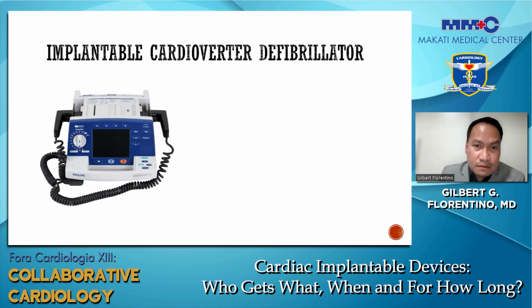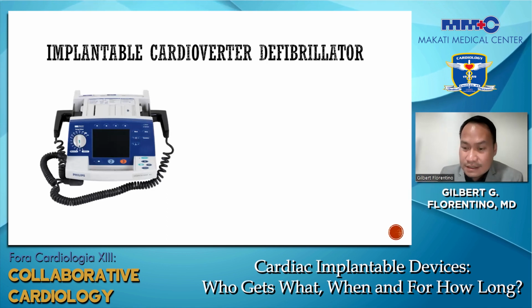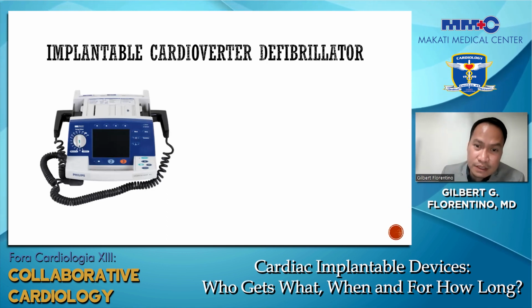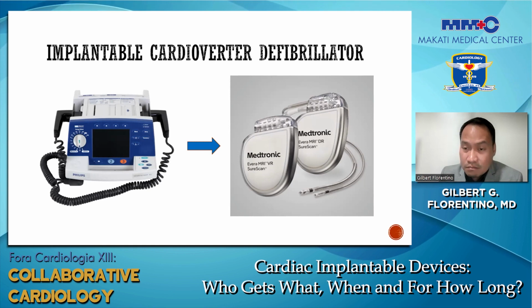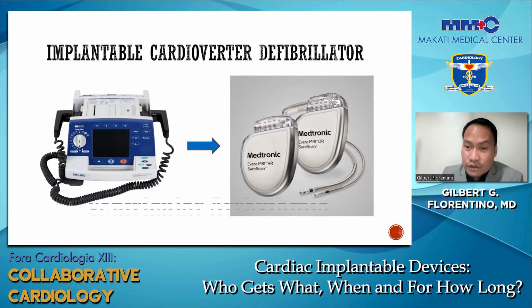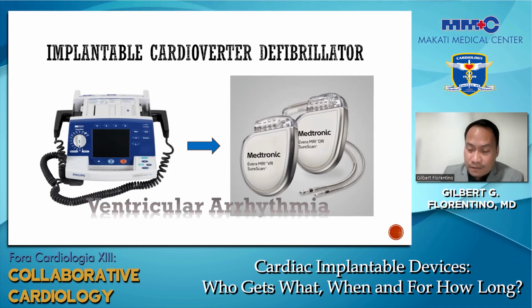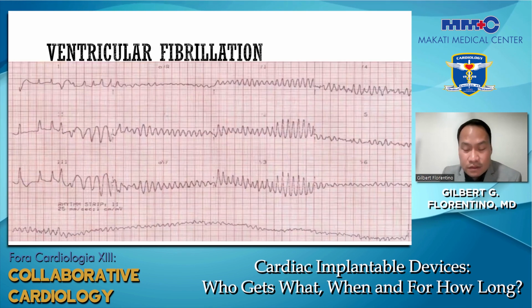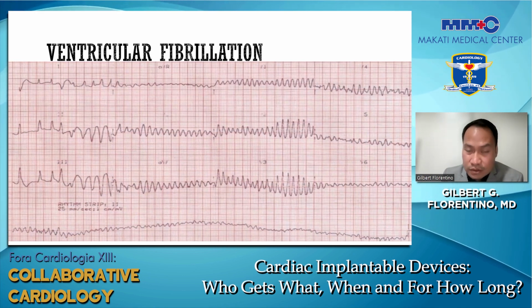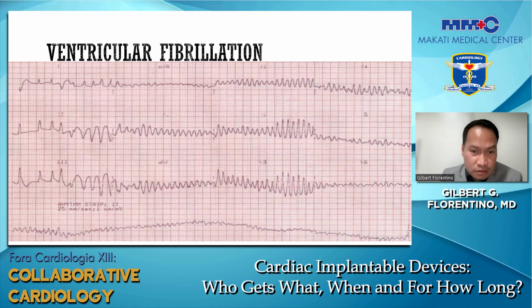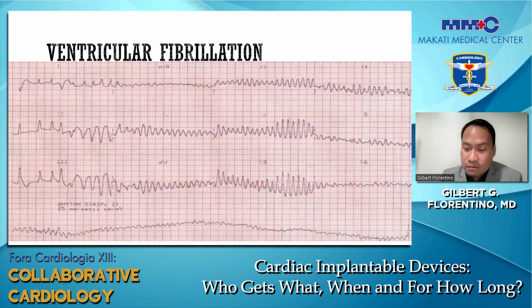So how about the implantable cardioverter defibrillator (ICD)? I have a picture of an external defibrillator as compared to your implantable cardioverter defibrillator. Very small. They're both used to treat ventricular arrhythmias, and that is because of the risk of sudden cardiac death. Ventricular arrhythmias can be ventricular fibrillation, where we don't need to check vital signs or even check for a pulse.